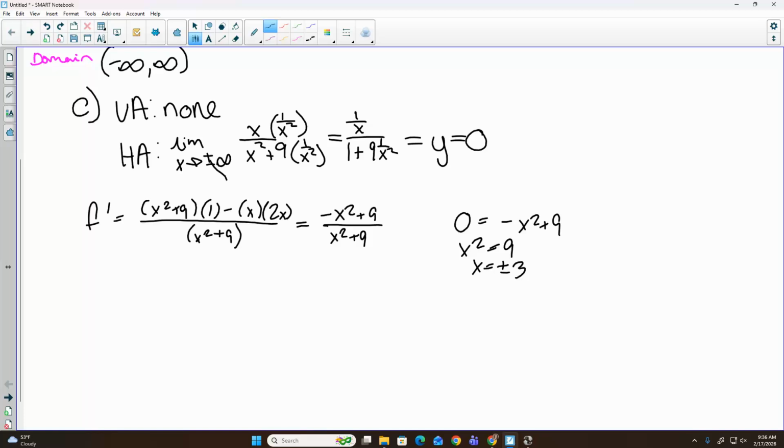So then x equals positive and negative 3.